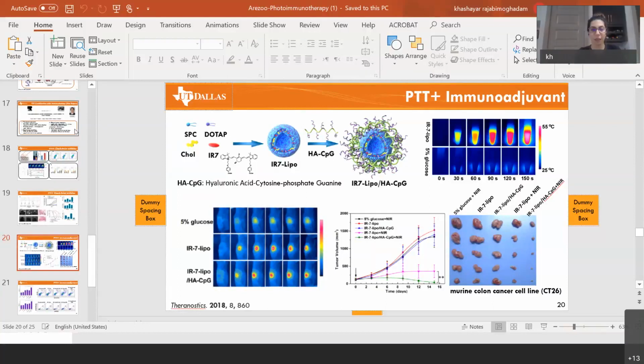Exactly, yeah, it's happening. But I was trying to compare these immunotherapy methods together to find which one is better. I couldn't find a reference for what I'm saying now, but I feel that immunoadjuvant is less effective compared to other therapeutic methods based on the data, because we can still see the tumor here. And it's just one tumor, not the secondary tumor, so it's the primary tumor.